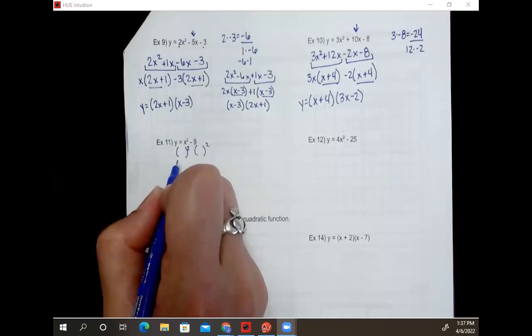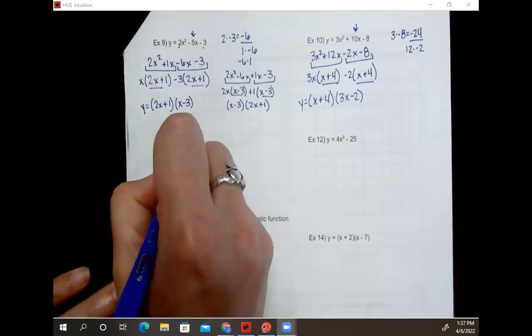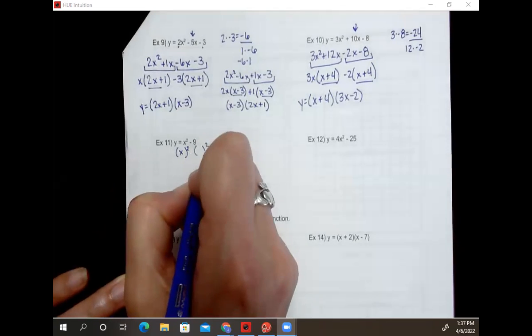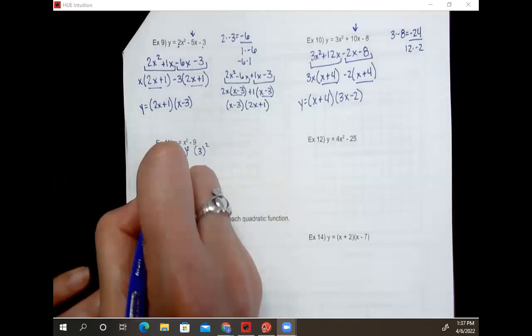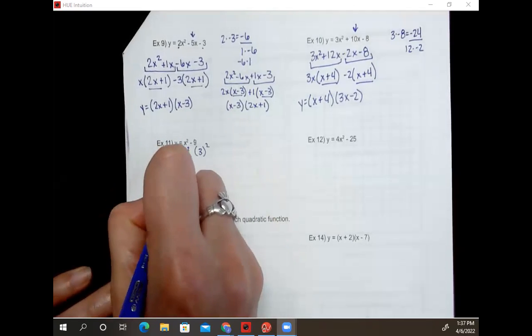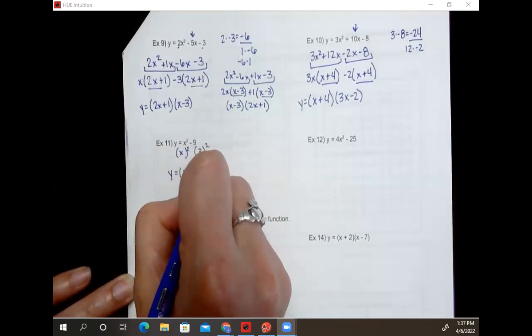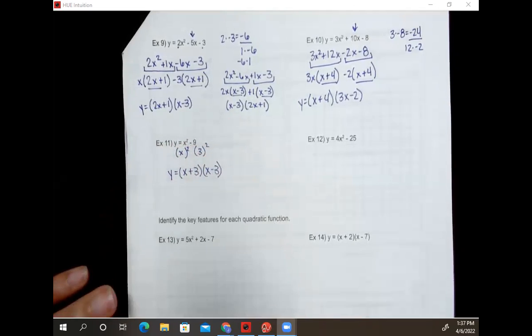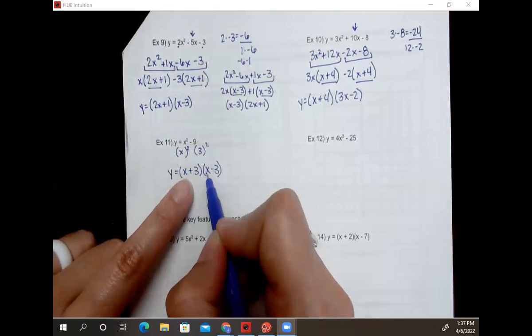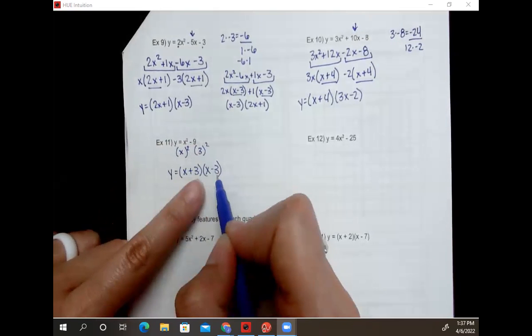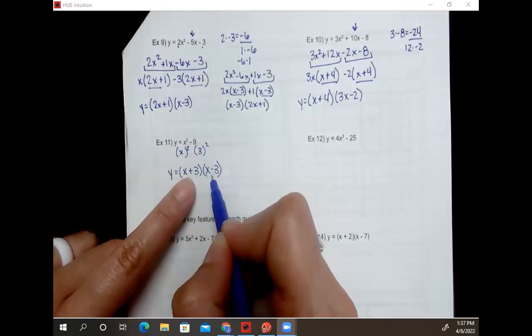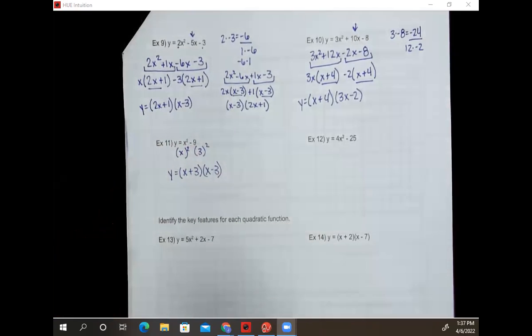This is the thing that sounds like a trick question, but it's not. And then what would I square to get 9? 3, there we go. So then my difference of squares pattern says my factored form would be x plus 3 times x minus 3. Notice that the first thing goes at the front of each factor, the second thing goes at the back of each factor, and they have opposite signs between. That's our difference of squares pattern.